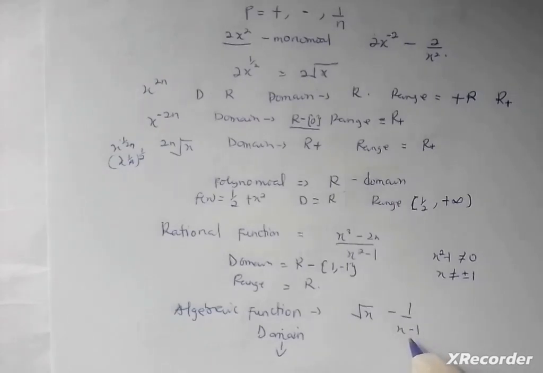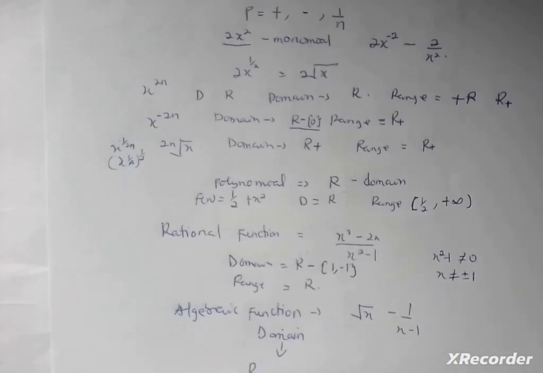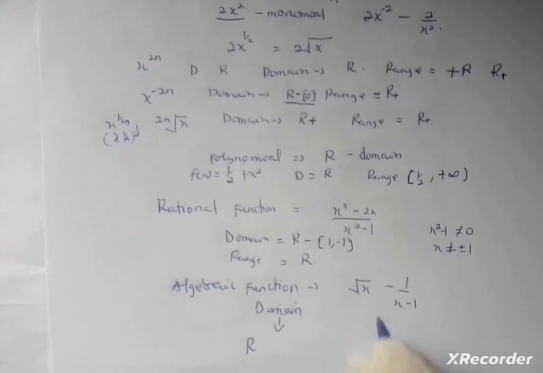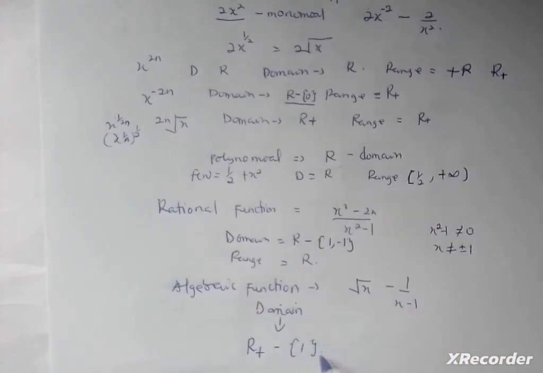So therefore, I'll have a set of all real numbers. Let me make it the set of all positive real numbers, to eliminate the negative numbers that will come here, minus 1. If I put 1 here, it will be undefined, so minus 1, like this. So this is the domain. This is the set of numbers that will make this defined: the set of all positive real numbers, then minus 1.